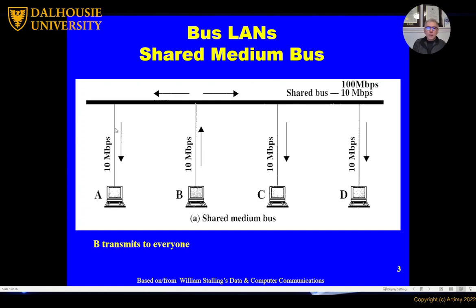And the frame in this case has to have the address of the destination and also the source, right? So A wants to talk to D, puts a frame that has D as the destination address and A as the source address, and the frame, the signal, will travel across the entire bus, left and right, along the whole length of the bus.